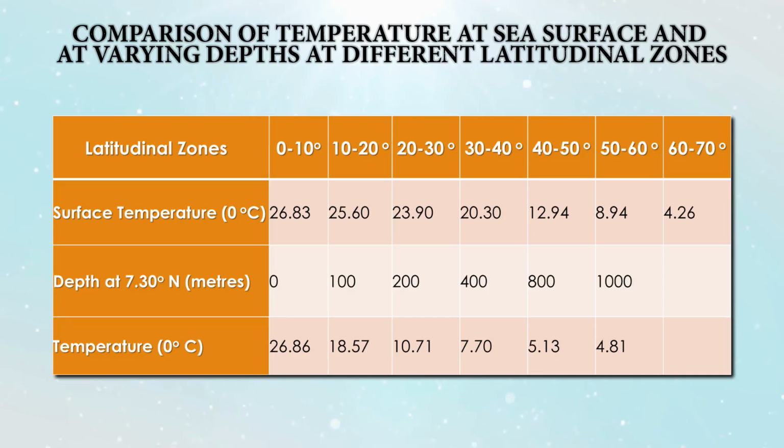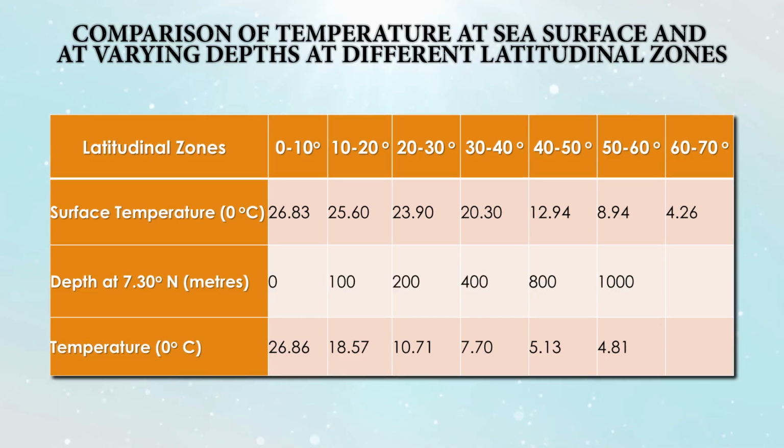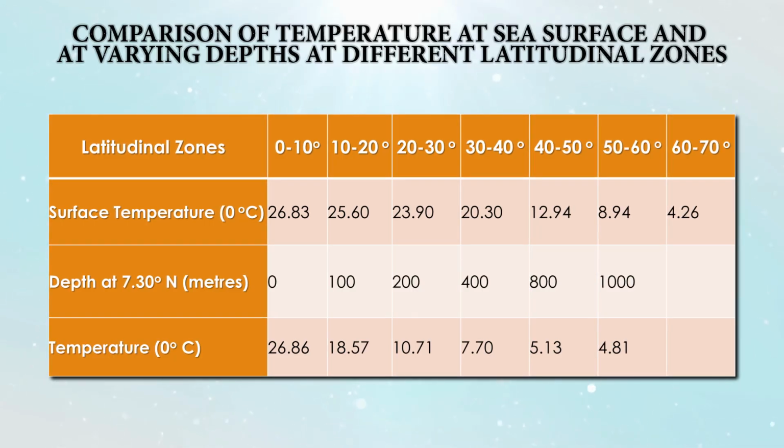And now, coming on to the depths at 7.30 degrees north latitude, you see different depths are shown, like 0 meters, that is the surface temperature, and then 100 meters, 200 meters, 400 meters, 800 meters and 1000 meters.